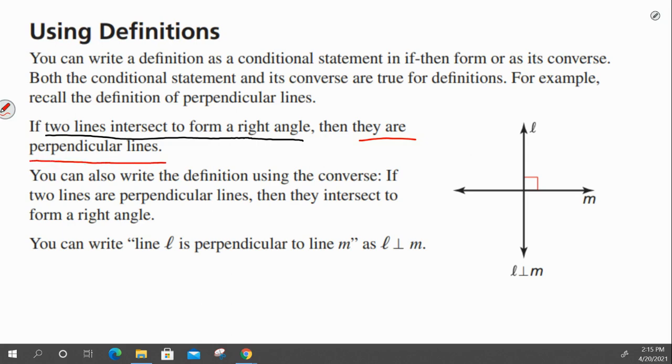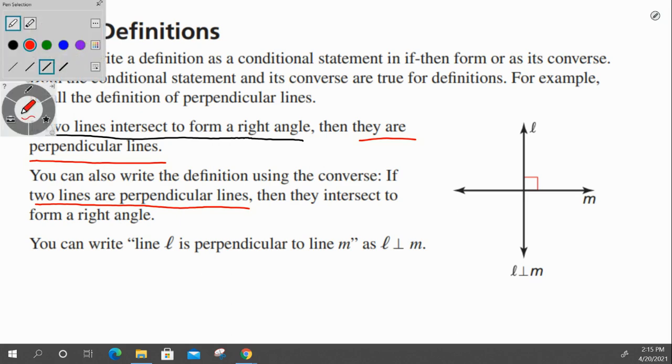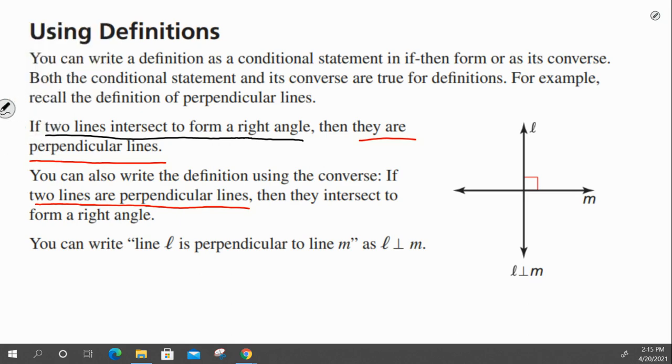Red's back, there we go. So that means we're doing the converse, switching the order. If two lines are perpendicular lines, that's the conclusion, then the hypothesis is that they intersect to form a right angle. We switch the order when we're talking about the converse.